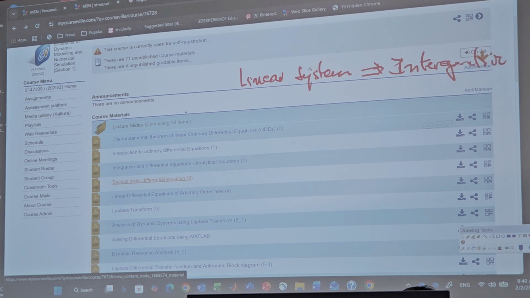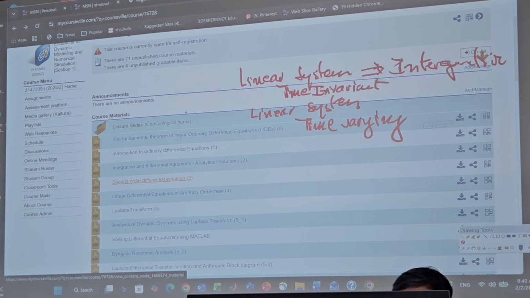For a linear time invariant system, this is the easiest one, and you see it quite a lot in industry anyway. The other one is a system but time varying. This one is much more difficult. So we concentrate just on first order in this case.